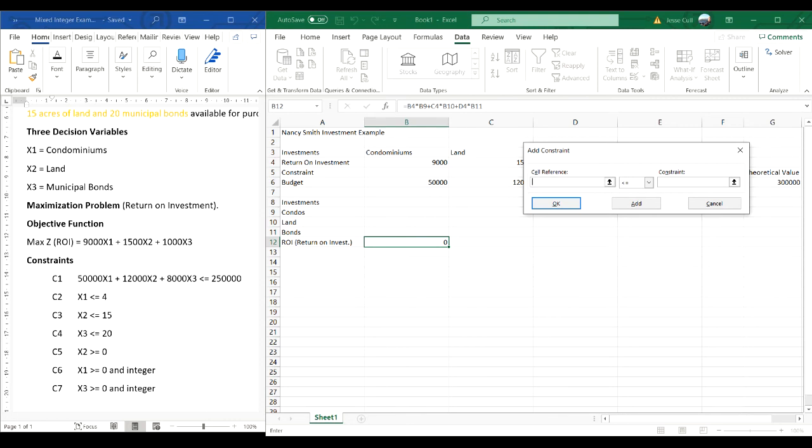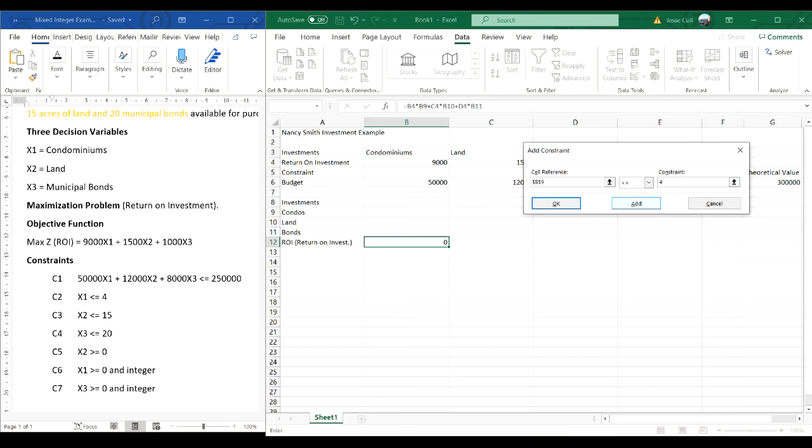In this situation, we're going to ignore that for a second. We're going to come all the way up here, and we're going to say that x1 is less than or equal to 4. So x1 is condos. So that's B9 less than or equal to 4.